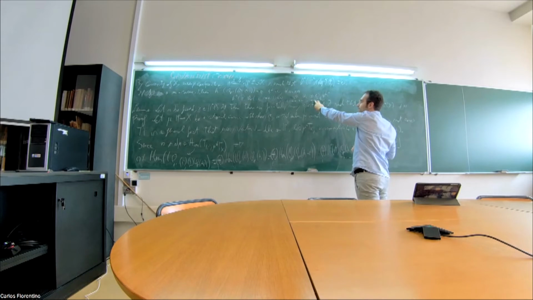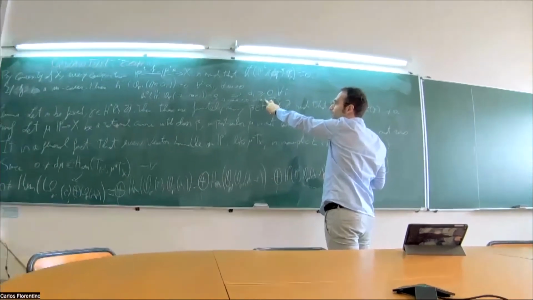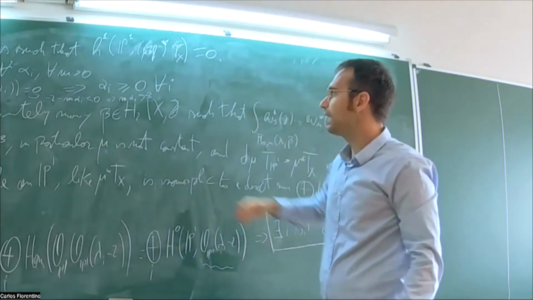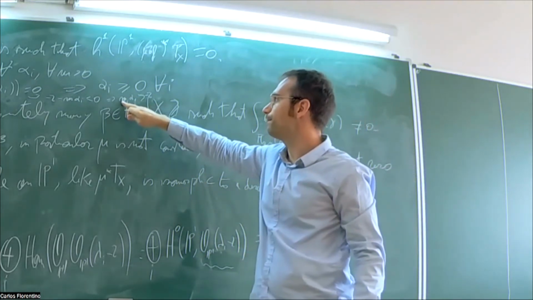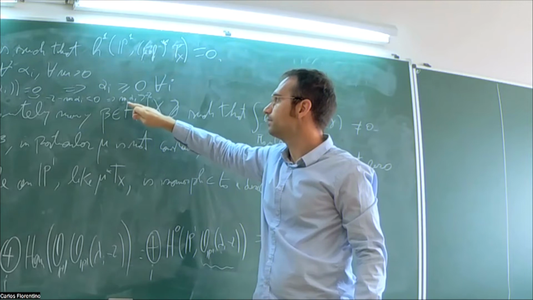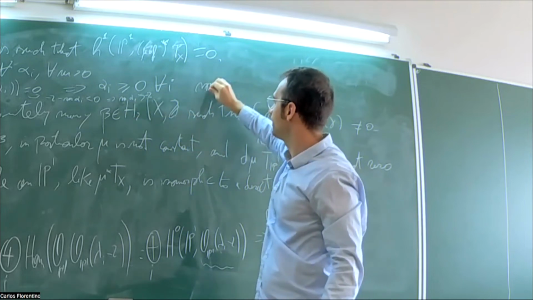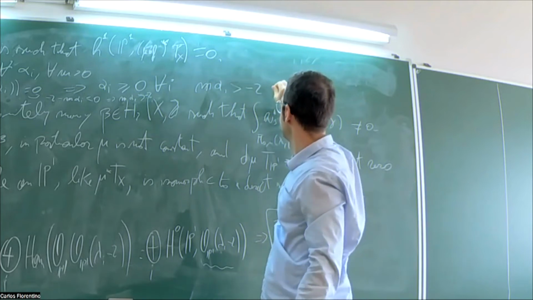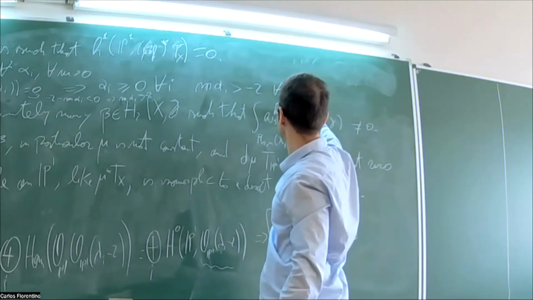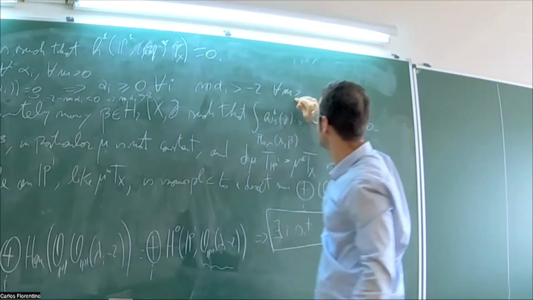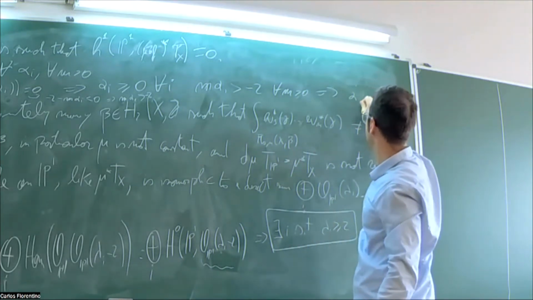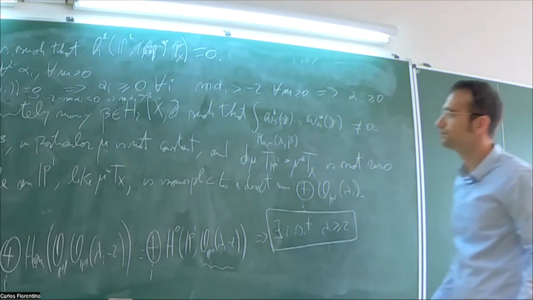Now, if alpha is minus 1, I can choose... the fact that m alpha I is greater than minus 2 for each n implies that alpha I is greater than 0.